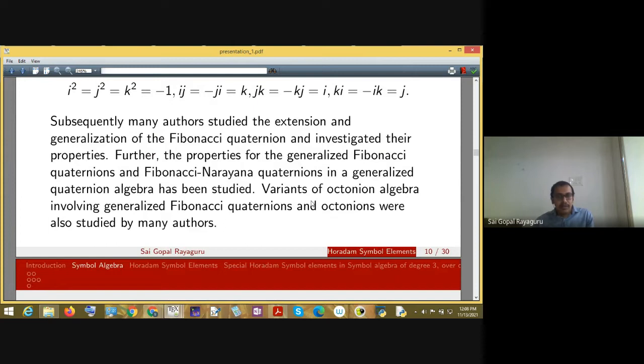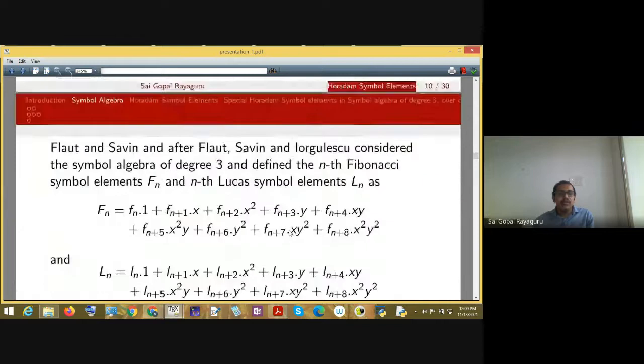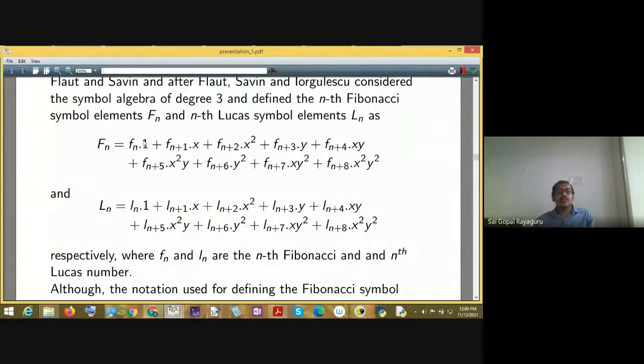I will go here again, because I told that the symbol algebra has a k basis. A symbol algebra over k has a k basis of the form x raised to the power i with y raised to the power j, where both i and j vary from 0 to n minus 1. So accordingly we put x raised to the power 0, y raised to the power 0, then x raised to the power 1, y raised to the power 0, and so on.